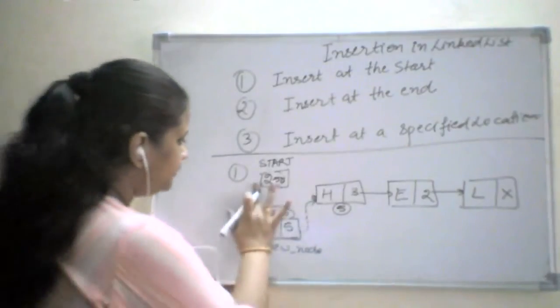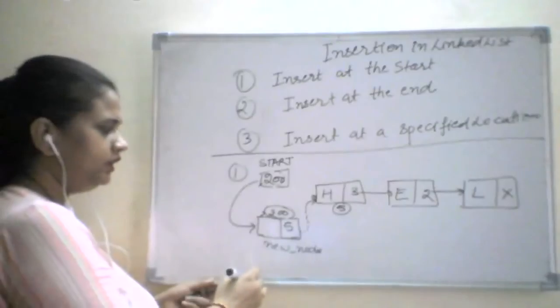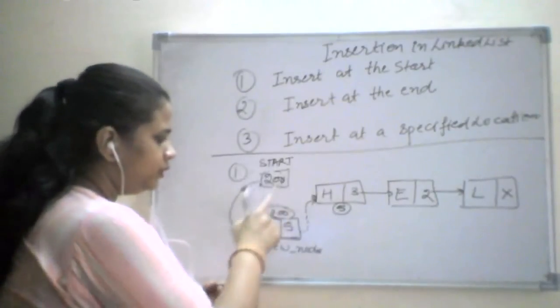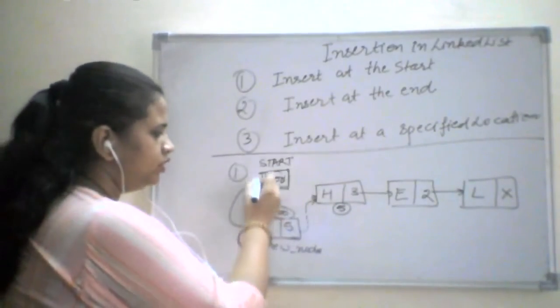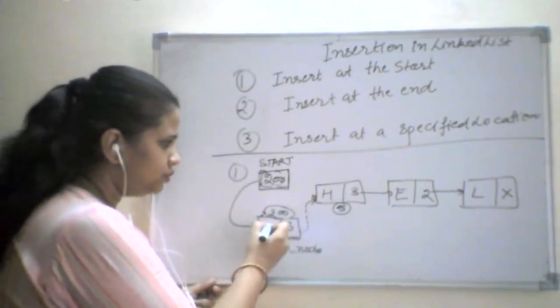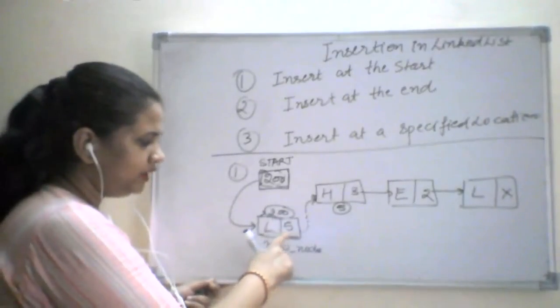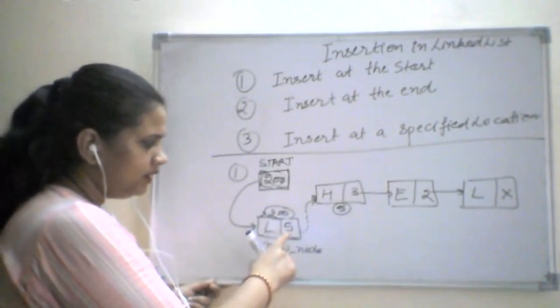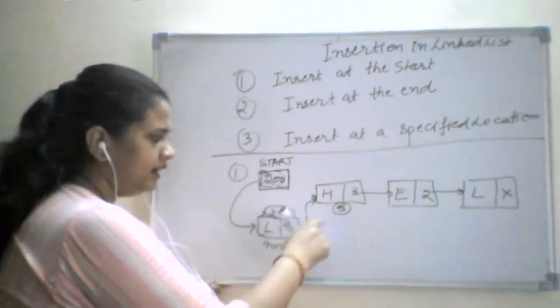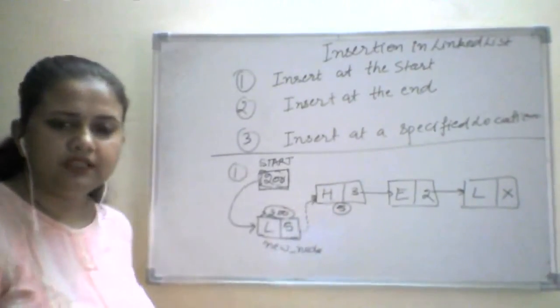This is how it will look now. So start is pointing toward 200. 200 is the address of my new node. It will store some data, L again. So 200 is pointing towards 5. 5 is this node, and this way, earlier it was the first node, now it will become my second node.